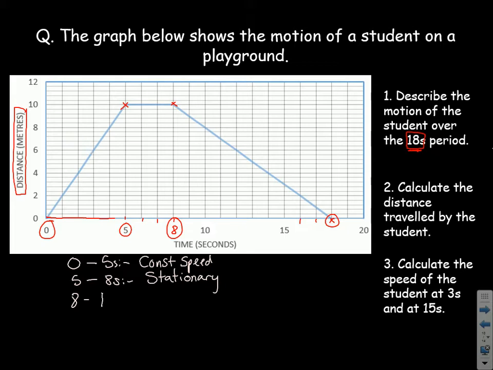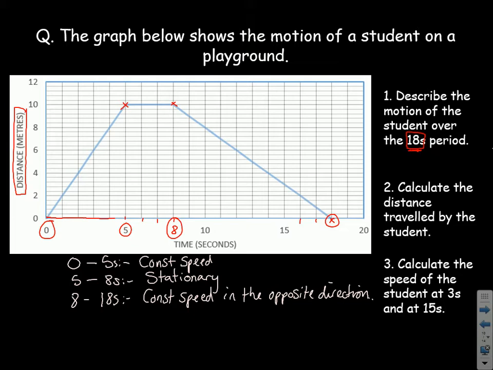So from 8 seconds to 18 seconds, the object is moving at a constant speed, and I know it's a constant speed because it is a straight line, and it is moving at a constant speed in the opposite direction. And there we have it.